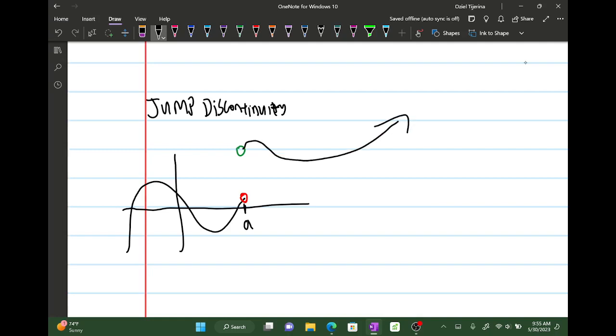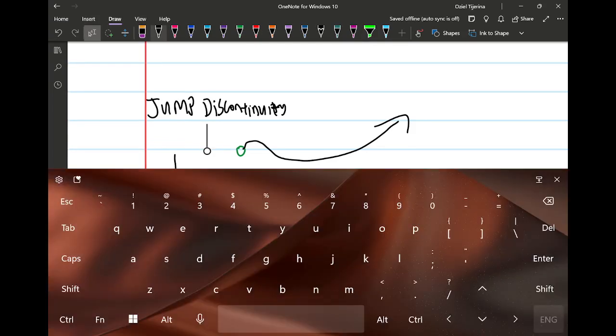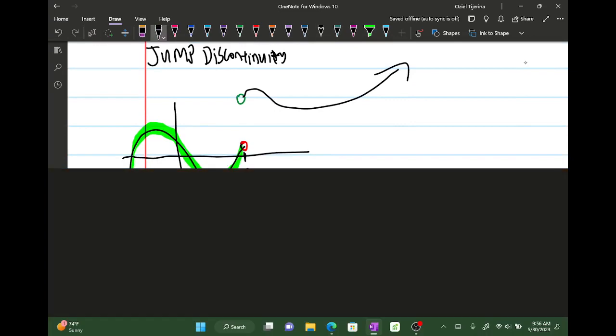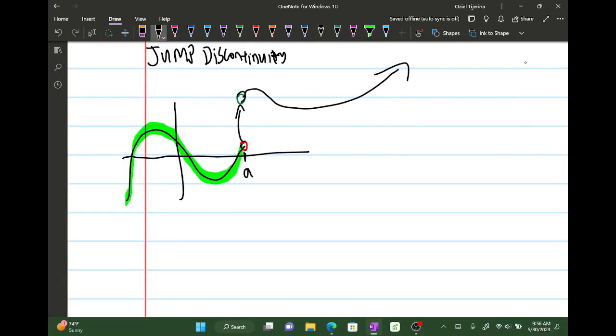This is what we call a jump discontinuity, because as I highlight my curve here, I'm going to a, I'm going to a, but then I'm jumping. You're going to jump to this.